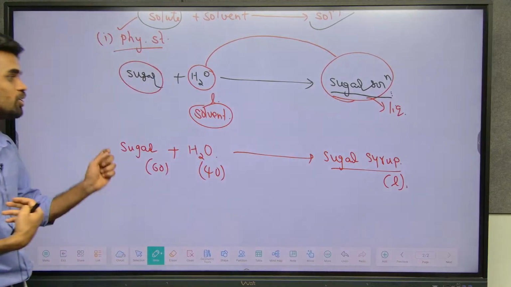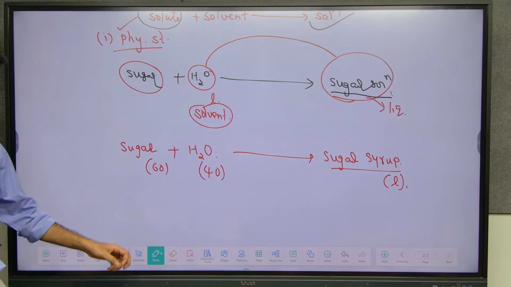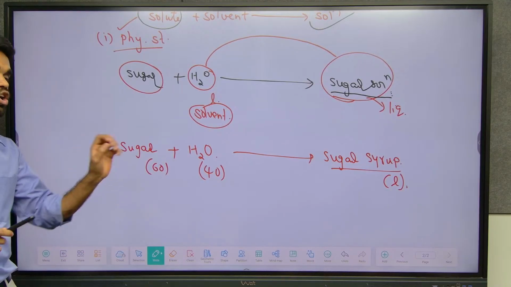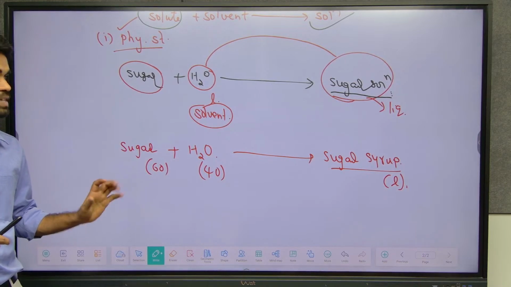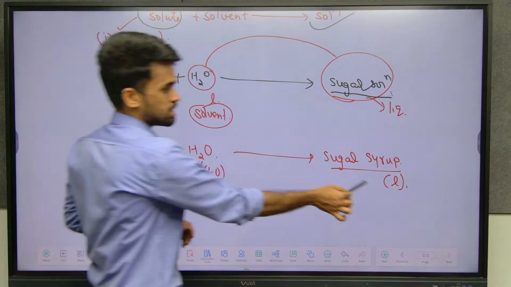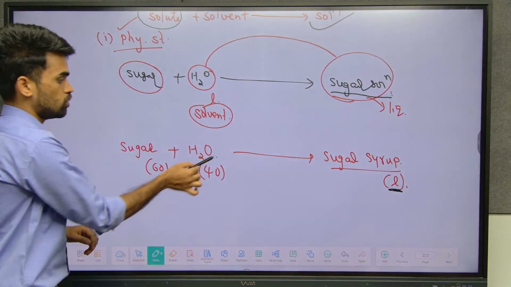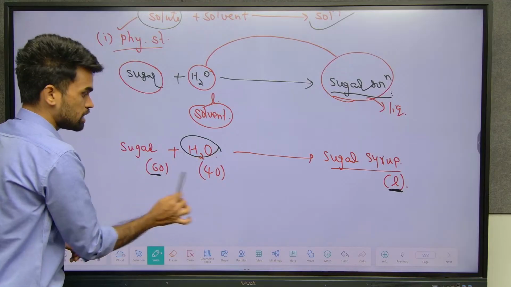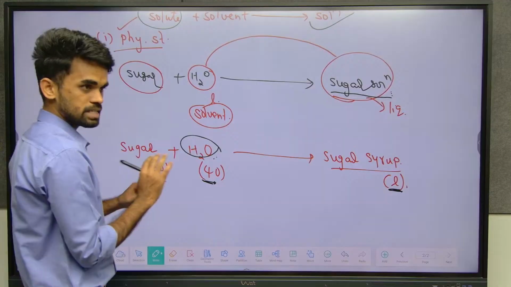Now tell me, which is solute and which is solvent here? No matter how much quantity it is, what do we look at? Physical state. Sugar syrup is liquid. Which is liquid here? Water. Don't always look at the quantities, look at the physical state. Is this clear, everyone?